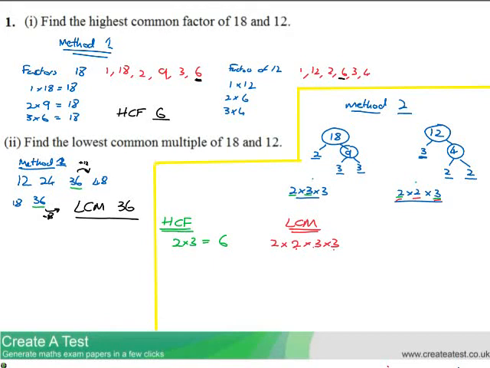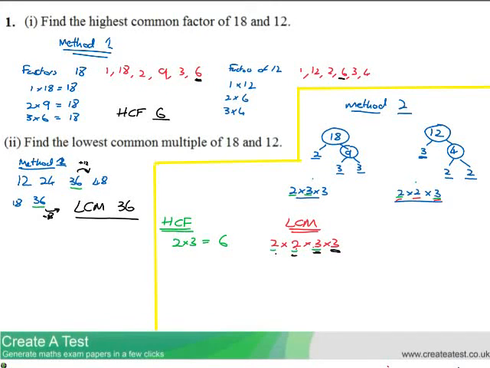First of all, we've got 2 times 2 times 3 that will give us 12. We've got as well 2 times 3 times 3, which will give us 18, and then timesing a number by something will just give you a multiple of it.